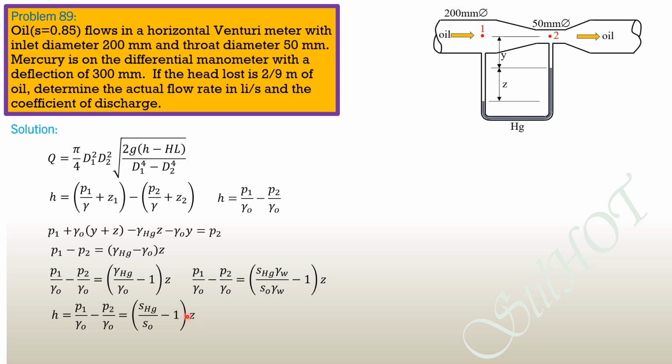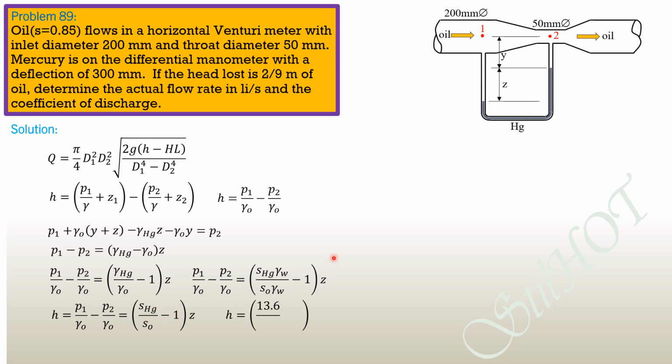If we sum up pressure from point 1 to point 2, even if the orientation is inclined or vertical, this will still be the general formula for h. So we may generalize it as the specific gravity of the manometer liquid over the specific gravity of the flowing fluid, then minus 1, times z.